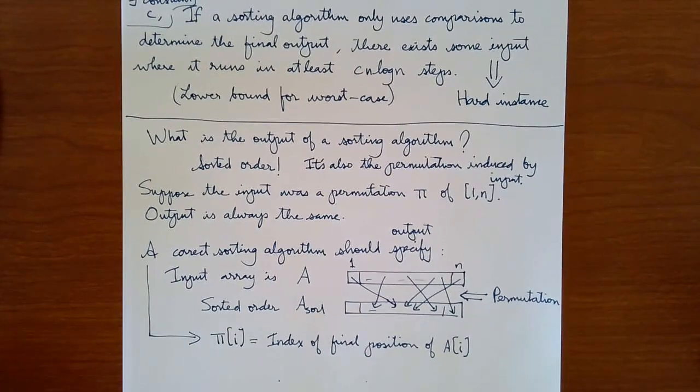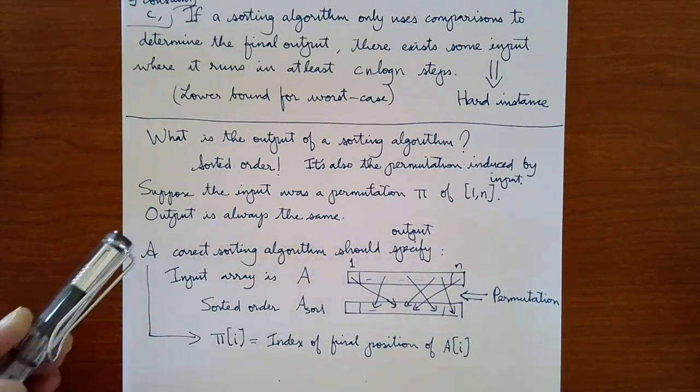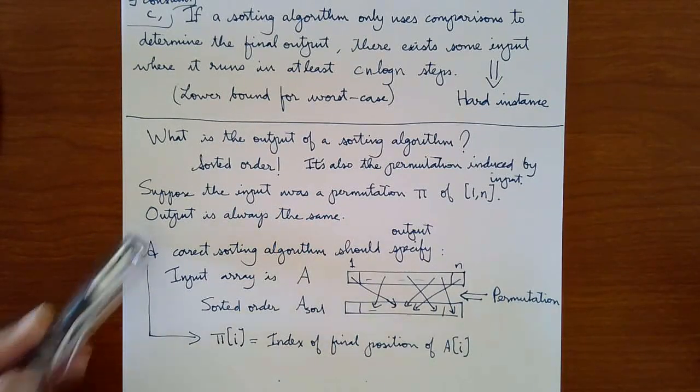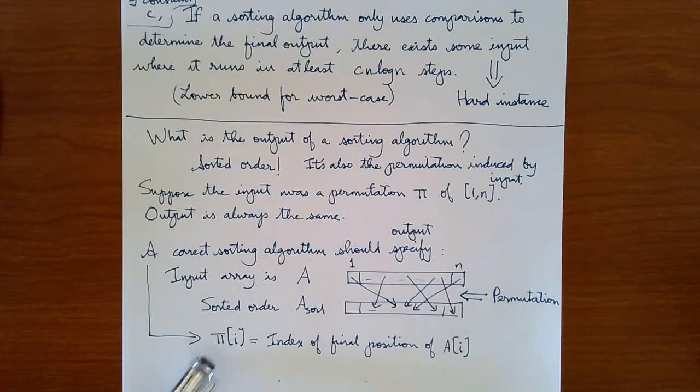Does that make sense? Any questions about that? I'm happy to say this again, but please ask me questions if there's something unclear. I'm going to say a correct sorting algorithm should really tell you where each element finally ends up. And that's the permutation that is induced by the input.